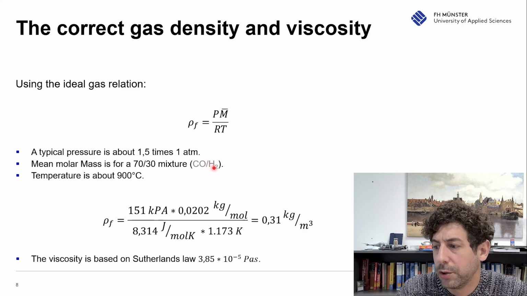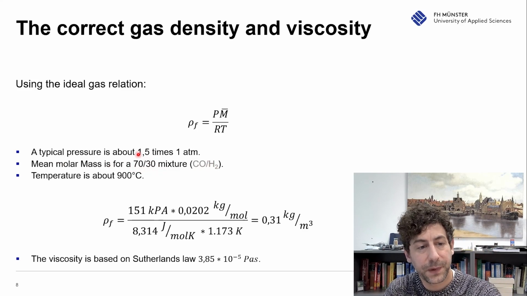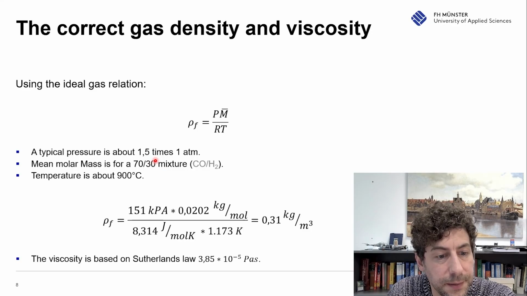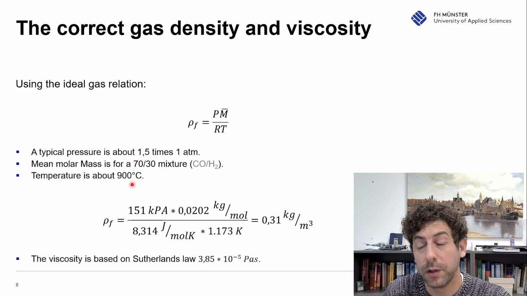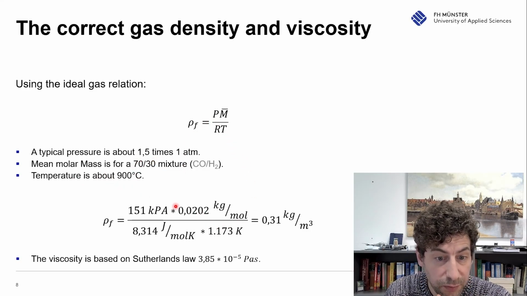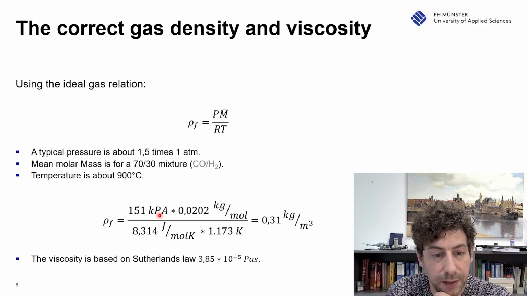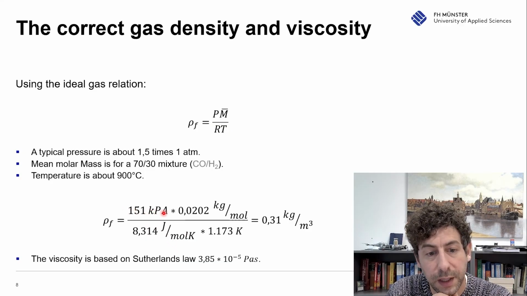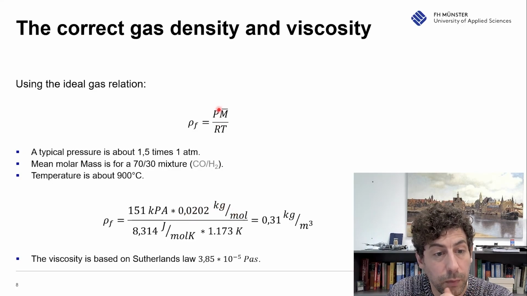And normally the ratio is 70 to 30. So we have to take the molar mass of this. And the temperature is around 900 degrees. If you put all these numbers in here, so here's the pressure, 150 kilopascal, 1.5, right? 0.02 kilogram per mole for the molar mass.